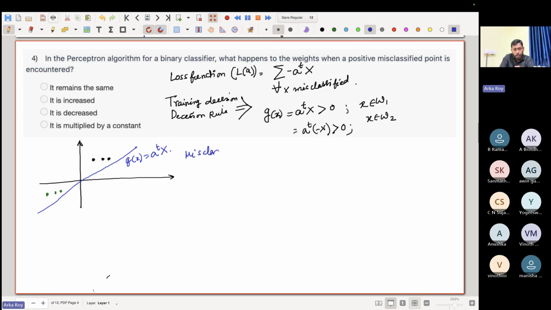So for misclassification, what you are getting is g of x, which is A transpose X, and let's say your x belongs to omega plus class. So A transpose X is less than 0. So that means you are doing some sort of misclassification over here.